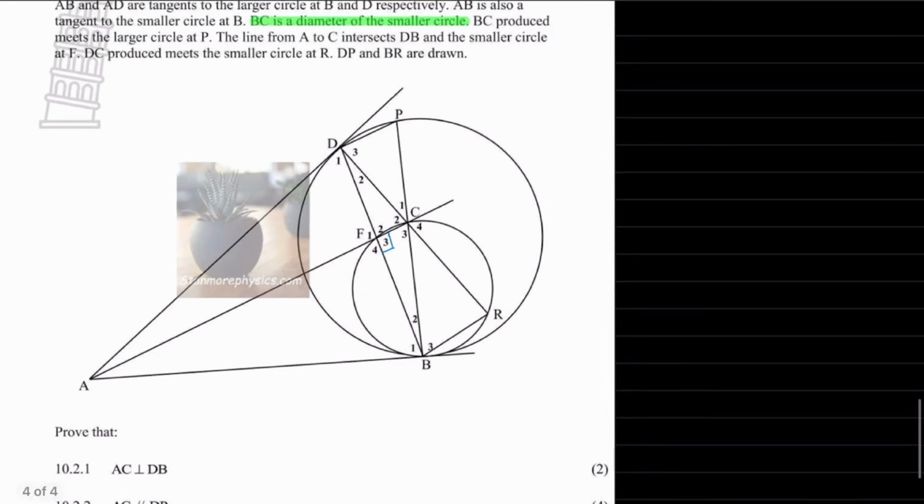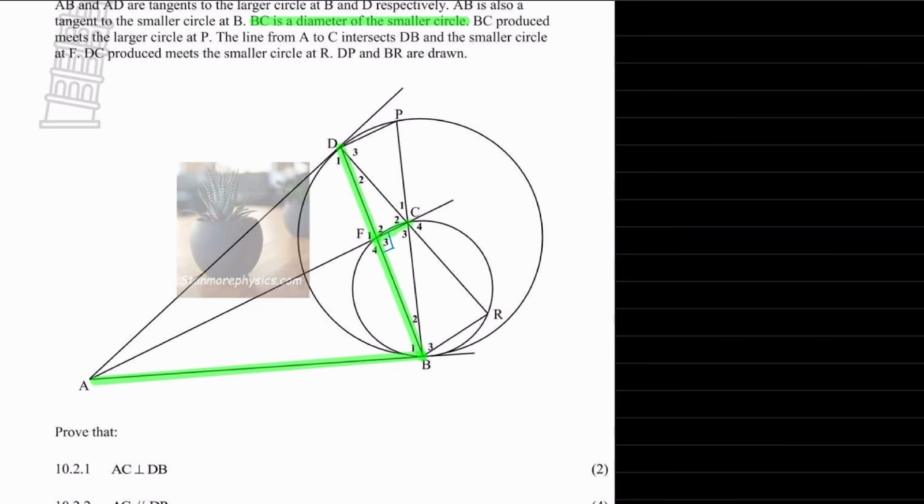Moving on, 10.2.2. Prove that AC is parallel to DP. Now to prove that AC is parallel to DP, we're going to first start with this tangent right here. That tangent makes an angle with these chords. So chord FB and chord DB.